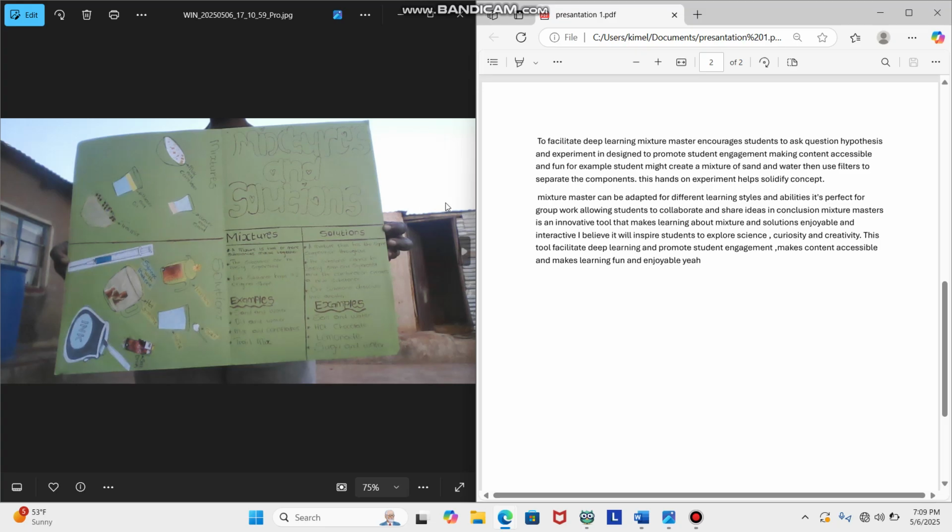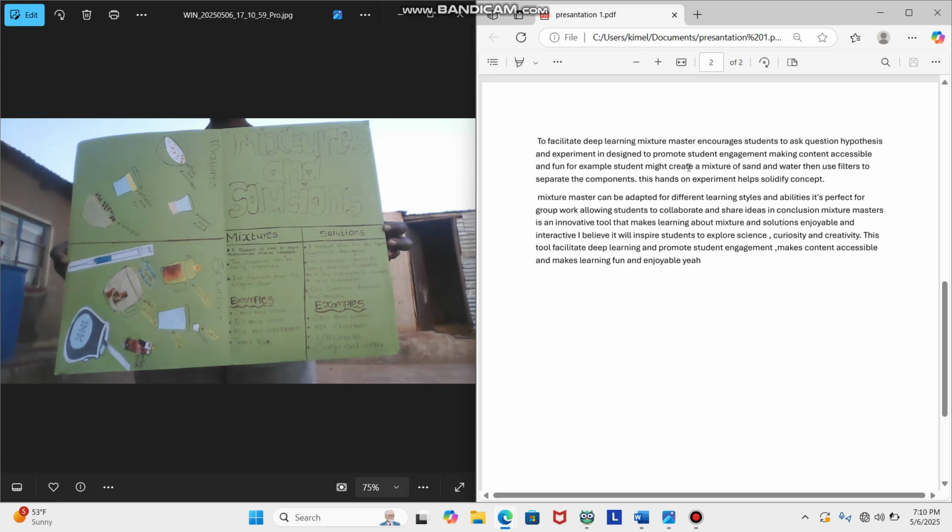This tool that I have created helps us to understand and differentiate better so that we are not confused when it comes to a mixture and a solution. One thing we must know is that a solution is a mixture, but a mixture is not a solution.